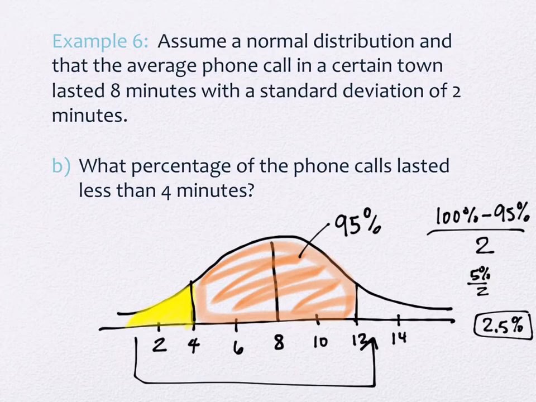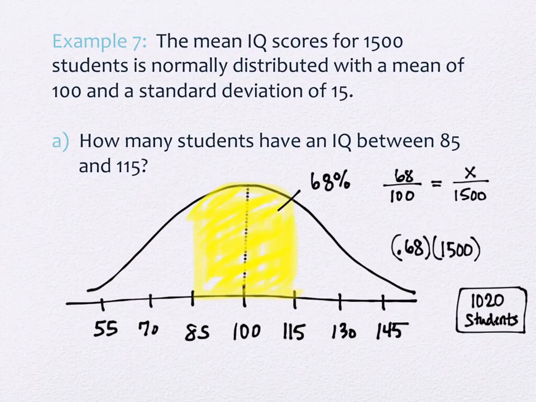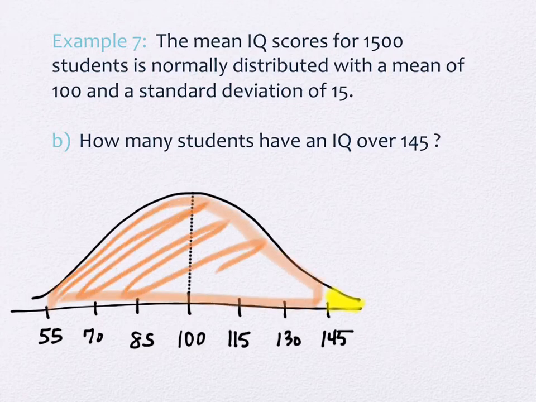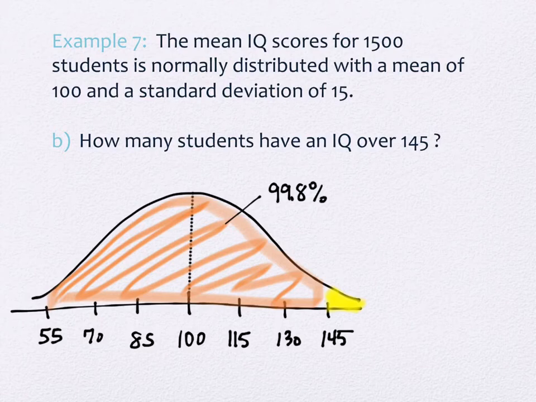This one, however, went out 2 standard deviations, and mine right now is going out how many? 3 standard deviations, right? I've gone all the way out 3 standard deviations to the 145. So if I go out 3 standard deviations, the corresponding piece that I can use goes from 55 all the way over to 145. So how much area is in the 3 standard deviation area? 99.8. Yeah, it's a lot of it, right?